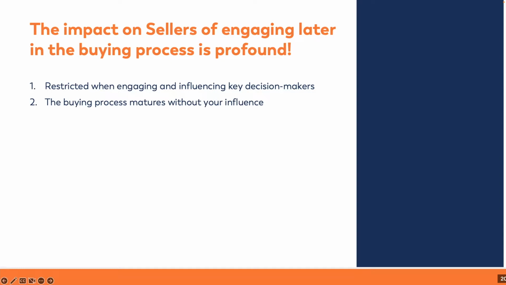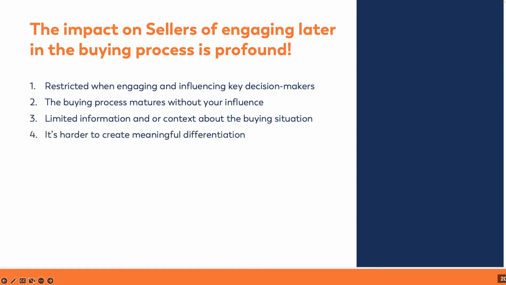So the buying process matures without our ability to influence it, and we end up with limited information about the context and the buying situation. Sometimes that might just be the content that we have in the RFP itself. So it therefore becomes harder to create meaningful differentiation, and the buying decisions themselves become more product centered.